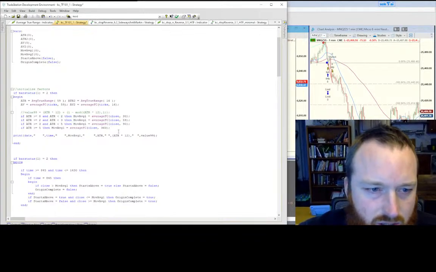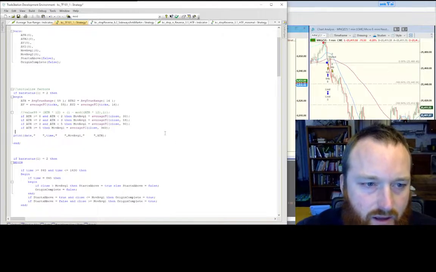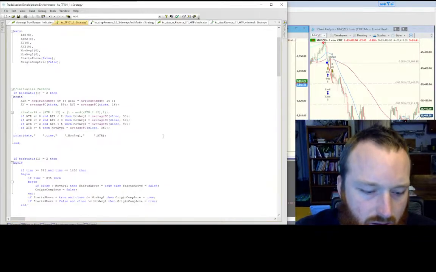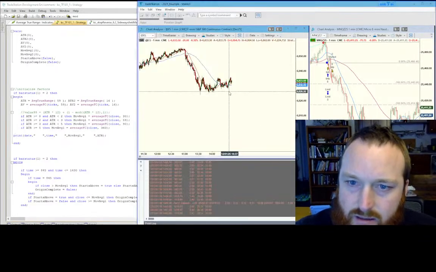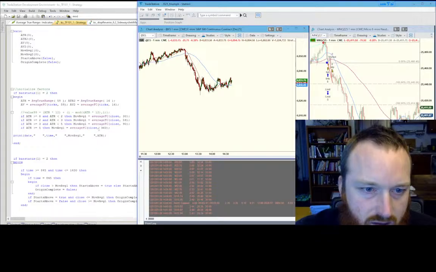I think that's a big jump in the volatility times, but that's all right. That's all she wrote. It's all based on ATR, really. That's what makes the blue line the blue line.